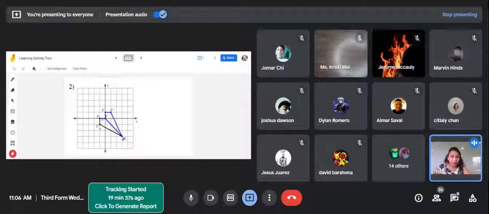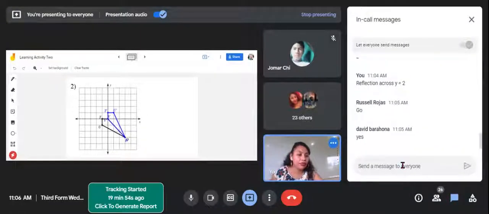So you have the original image that is being flipped over to that side. This line, anybody know what we call this line? Nobody has an idea what we call it?